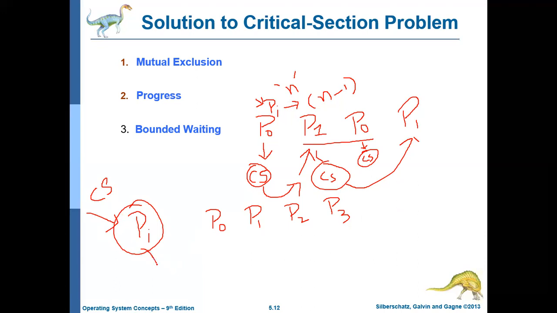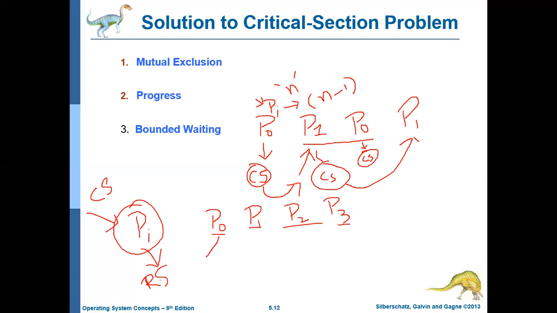Now Pi comes out of the critical section, that is, it is now in the remainder section. This is the order: first P0 came waiting for the critical section, then P1, then P2, then P3. Then they should get it in this order.